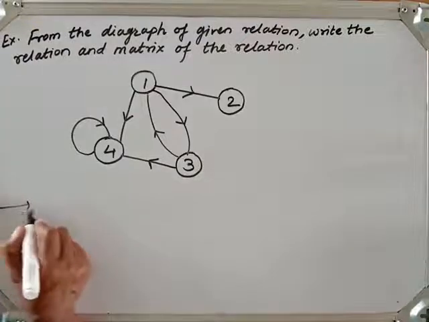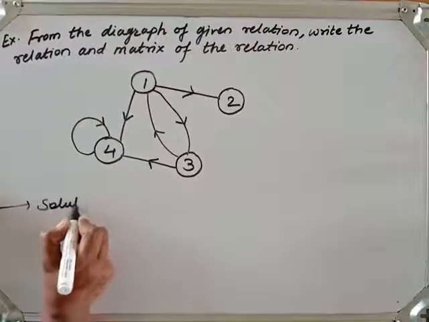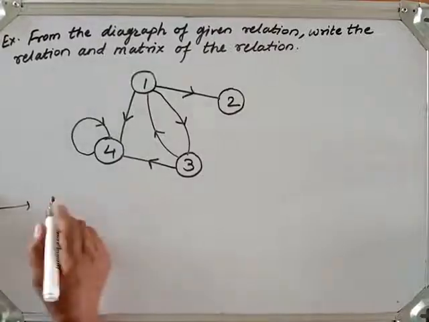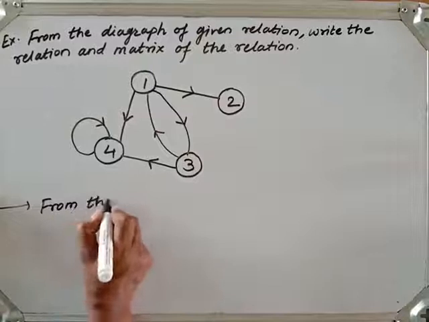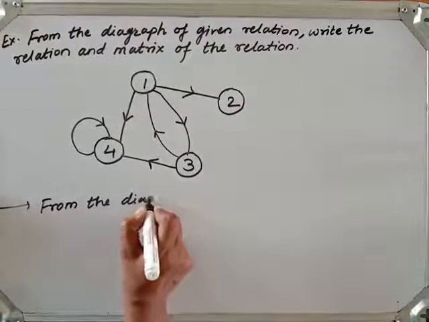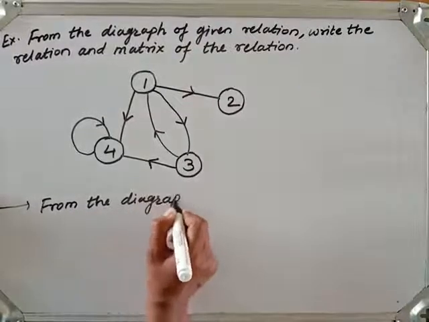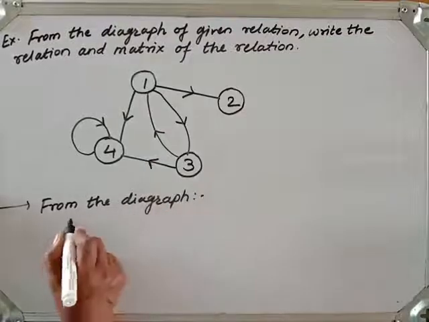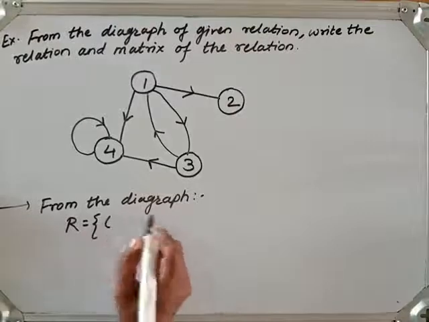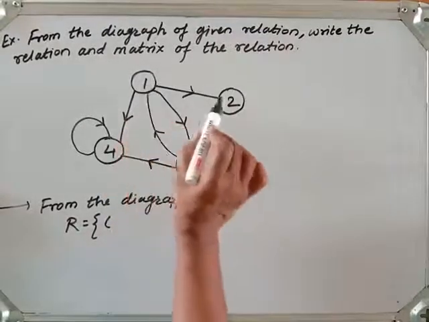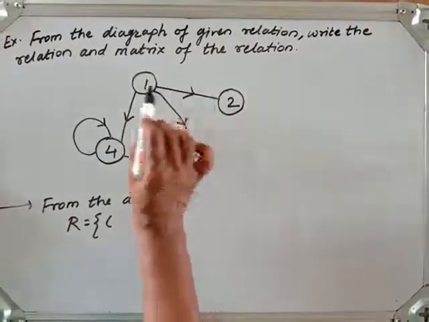So, solution: we will write the relation from the diagram. We get R equal to, look here, the arrow is towards 2 and it is between 1 and 2.